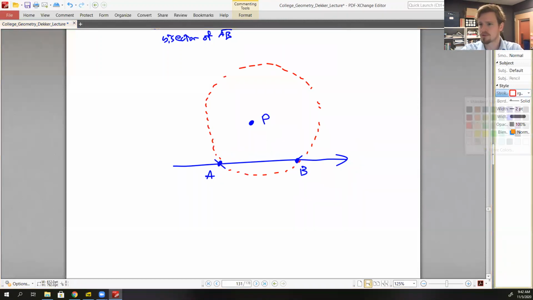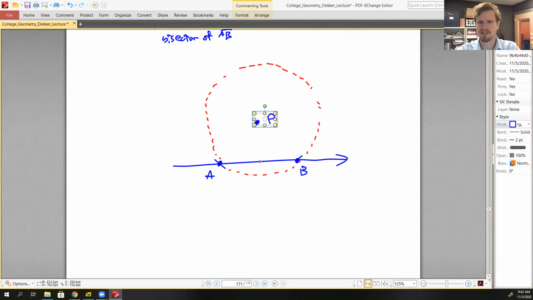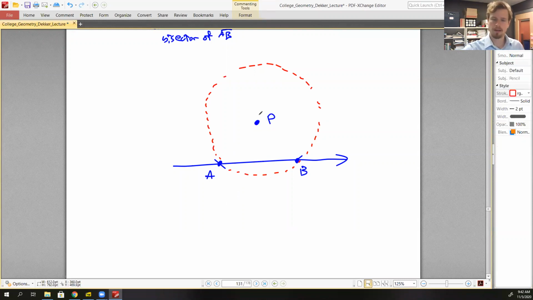Then from there, we do the same construction that we did for the perpendicular bisector of AB. And to do this, it looks like it might be a little bit off here. Let's put that there. Small correction. Anyway, let's see. Draw a circle centered at A with radius AB.